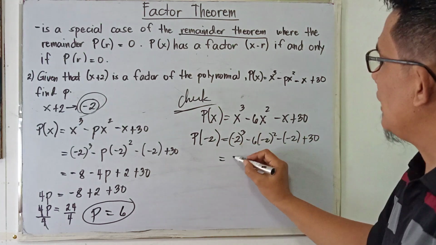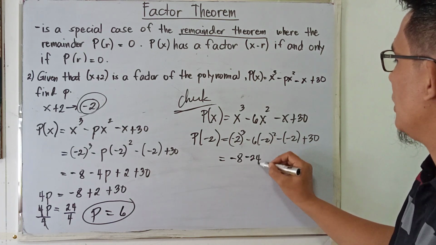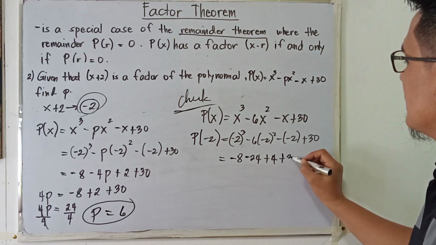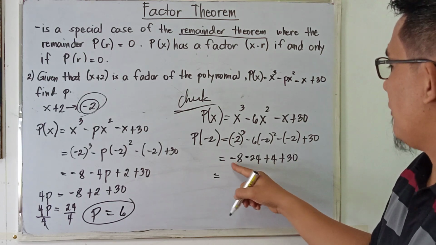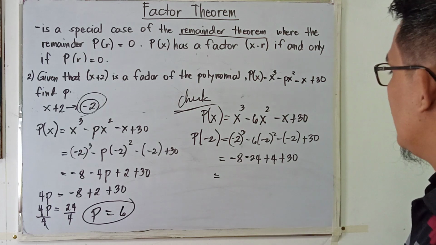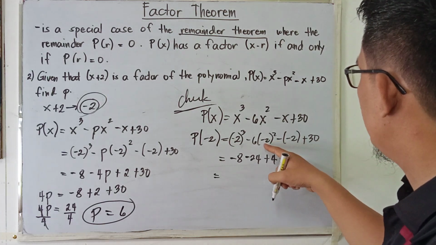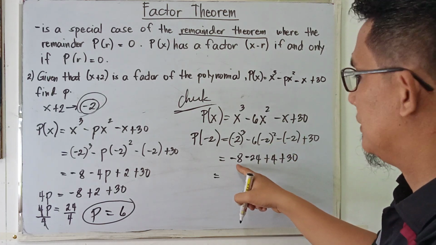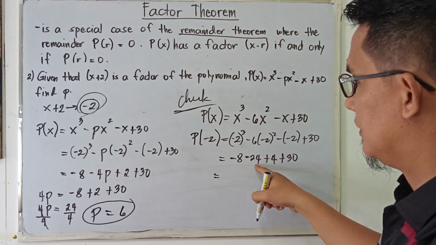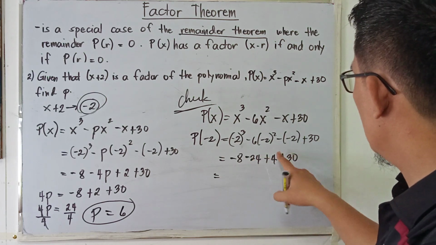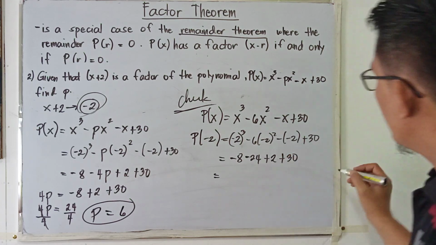So there is negative 8. This is 4 times negative 6, which is negative 24, plus 2 plus 30. Let me check again. Sorry, this is not positive 4, this is positive 2.